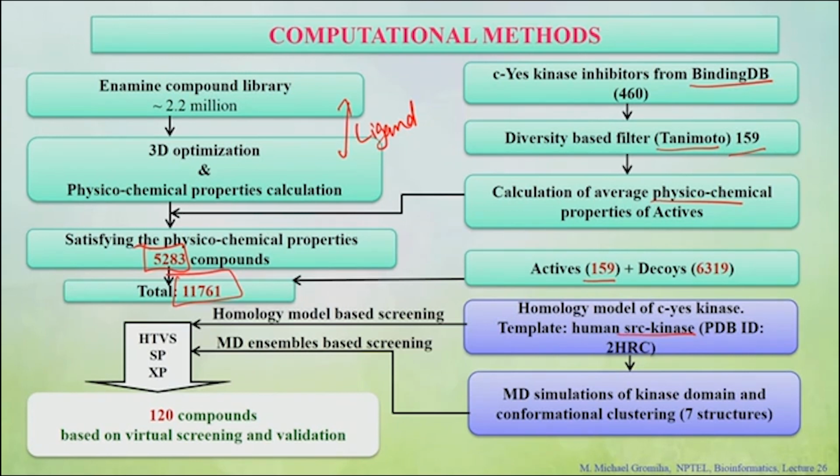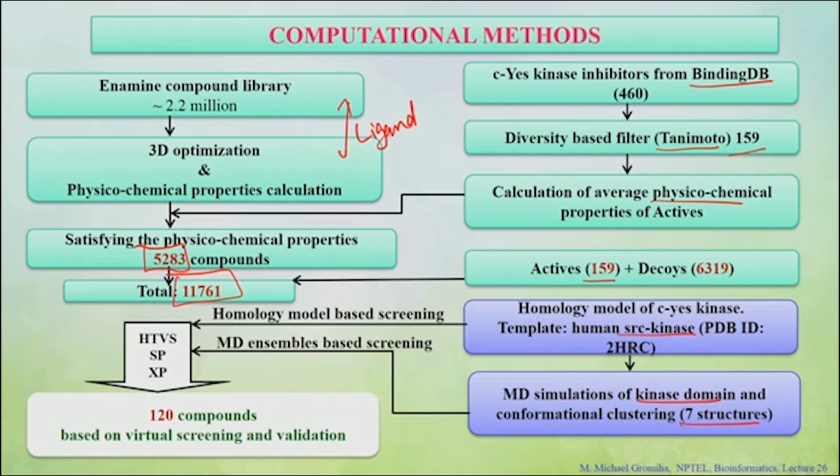The protein also has different conformations, not only at the active site but other places also. Accordingly, the conformation of the active site also changes. So, in this case, we can do MD simulations, mainly of this kinase domain, take the different conformations and cluster them, and finally we get some 7 structures. Of these 7, one is the homology model and one is the SRC kinase.